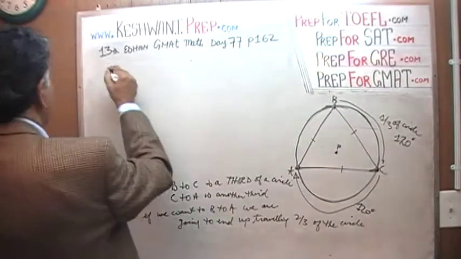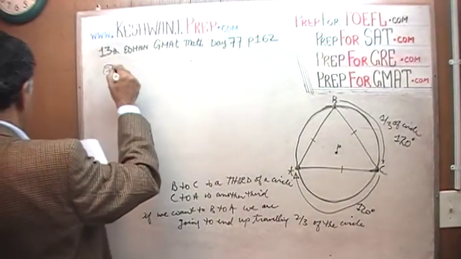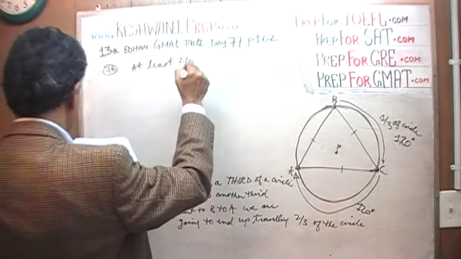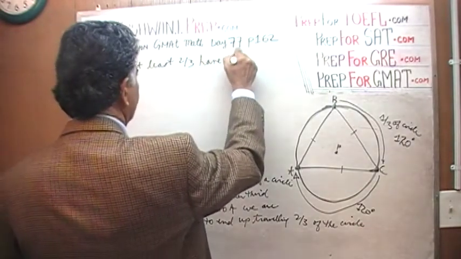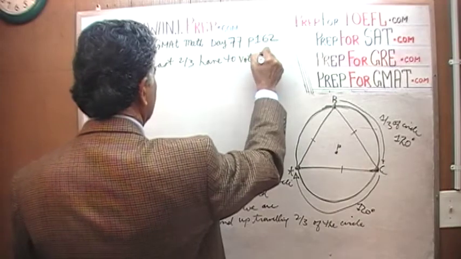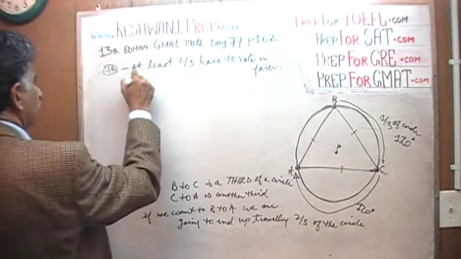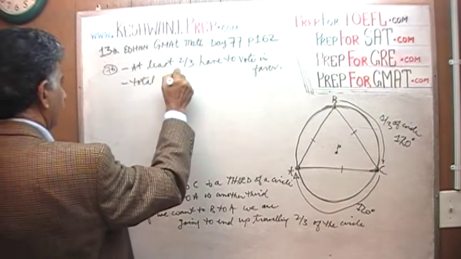In 76, they tell us that at least 2/3 have to vote in favor. The total number of people that we have is 40.